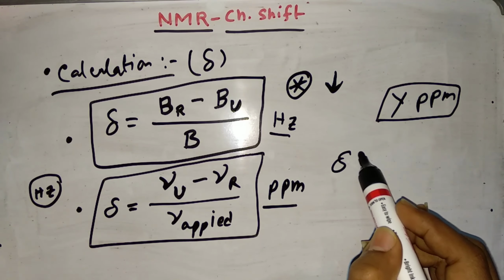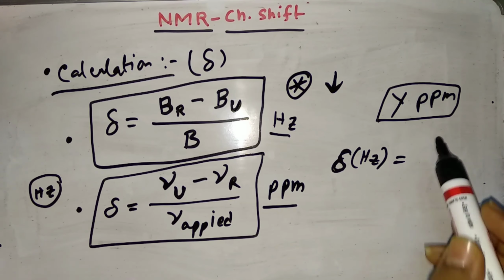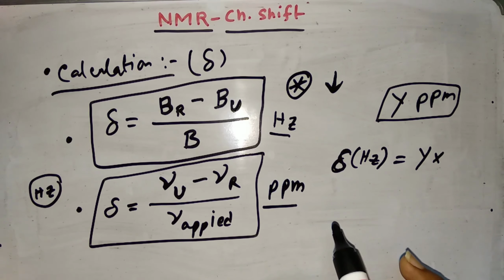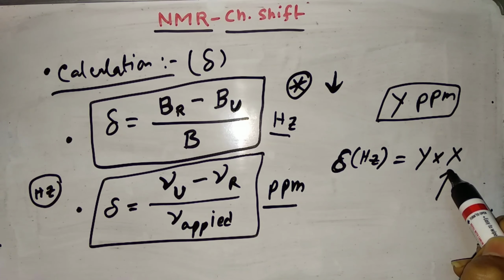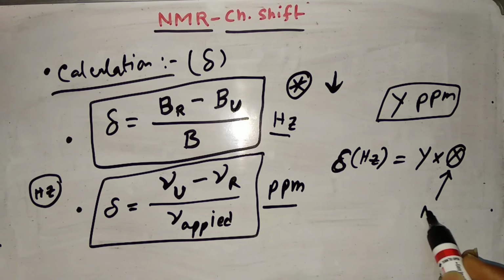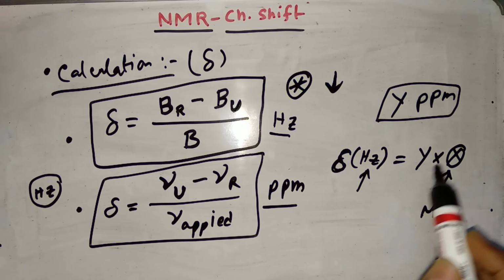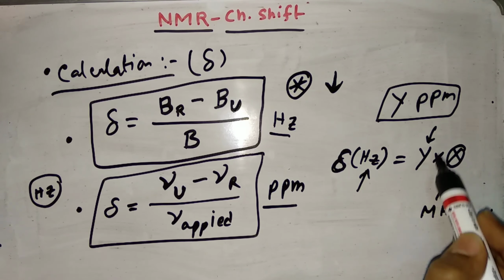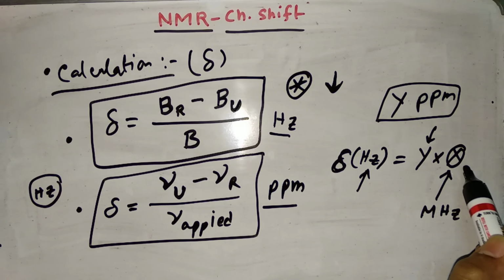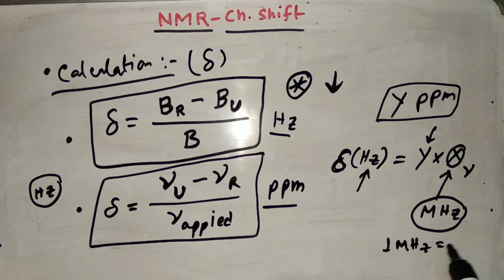So the chemical shift in hertz, the formula is y into x. What is x? x is the operating frequency in megahertz. To get the value in hertz, remember this, put the value y in ppm and the operating frequency nu in megahertz, and 1 megahertz is equal to 10 to the power 6 hertz. So you should remember this formula.